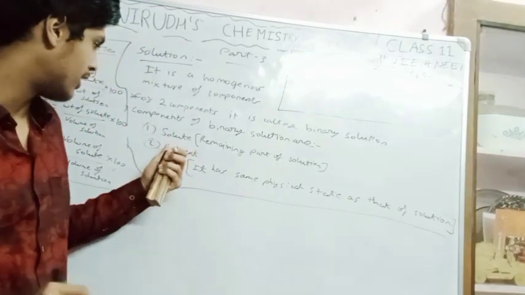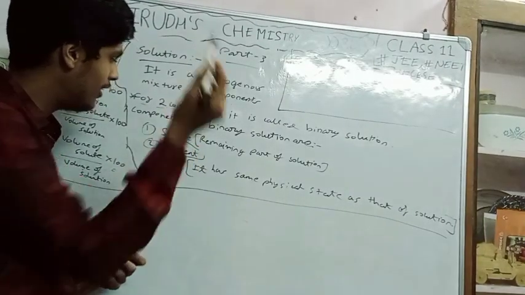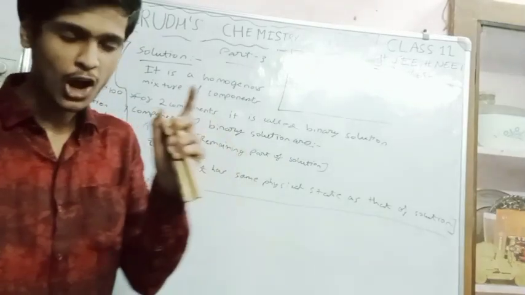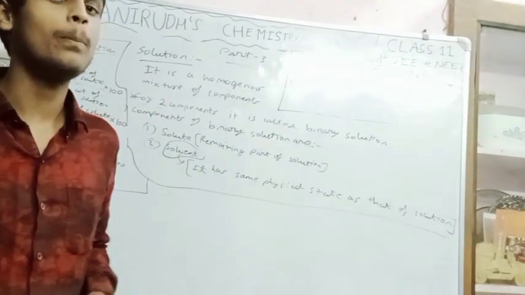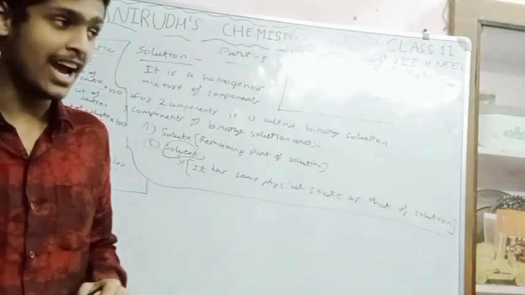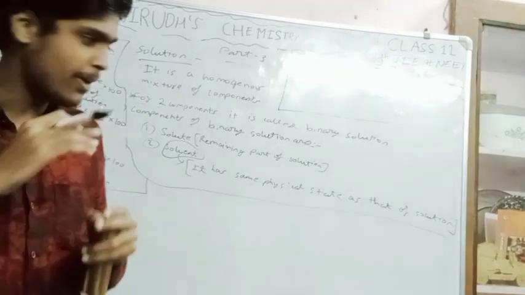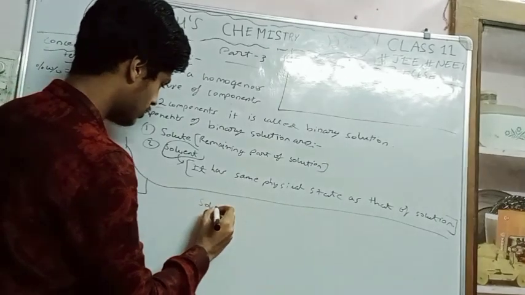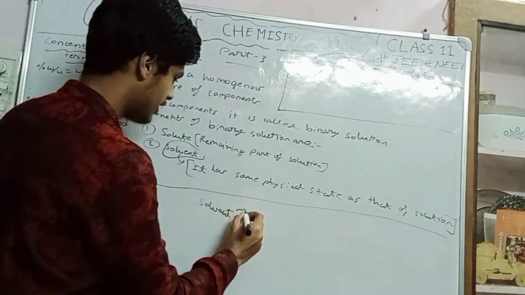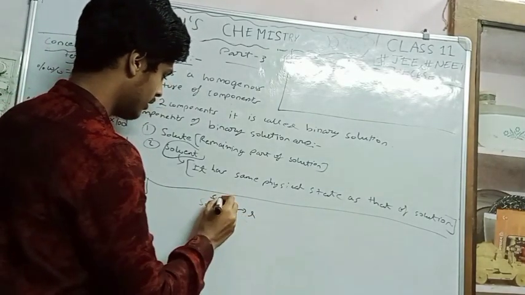First we'll understand the definition of solvent. What is solvent? Solvent is a component of a binary solution which has the physical state same as the physical state of the solution. Suppose we have solvent in liquid state and solution.